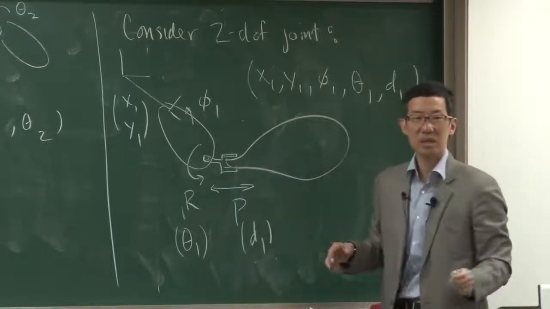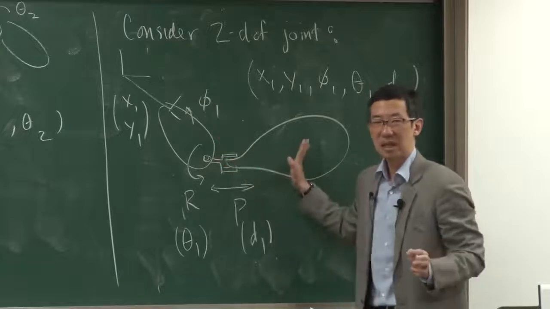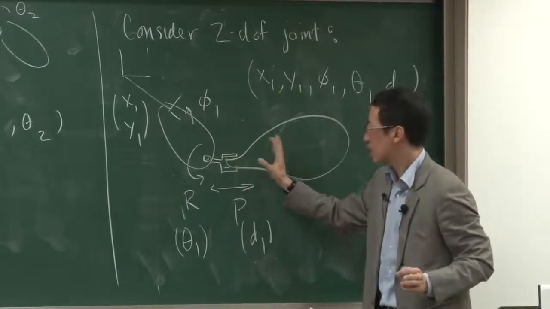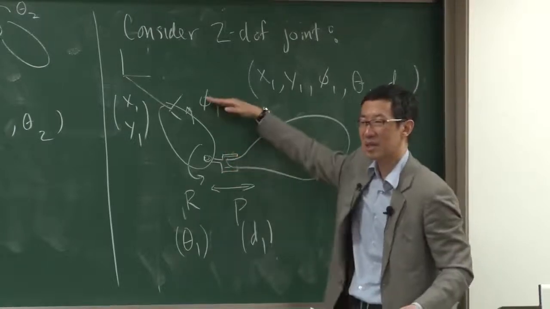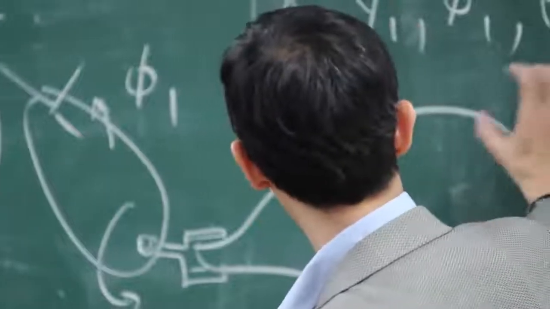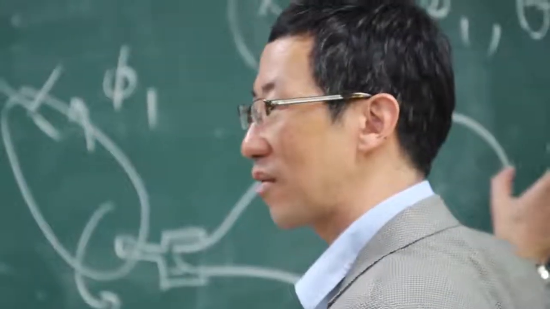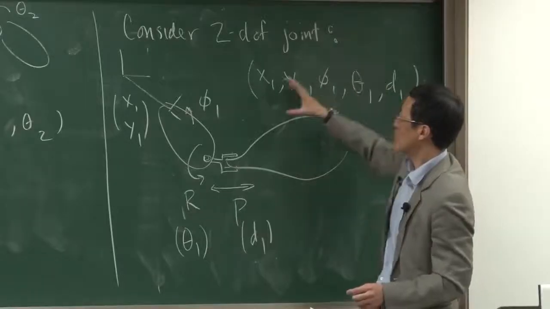Without this joint, we need 6. If we connect these 2 bodies using a single 2DOF joint, it goes from 6 to 5. If we added another link out here using a 2 degree of freedom joint, you see that it goes from 9 to 7.